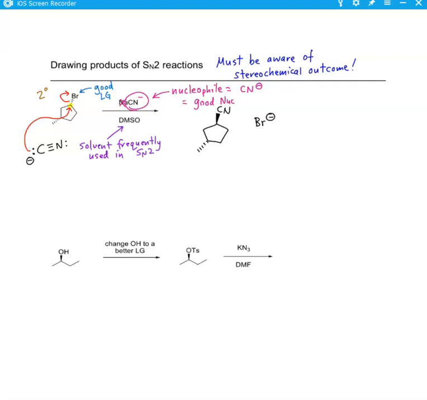Now one thing I would point out here is that this is an example of what we would consider a successful SN2 reaction. And by that, I mean that it's energetically favorable, or exothermic.